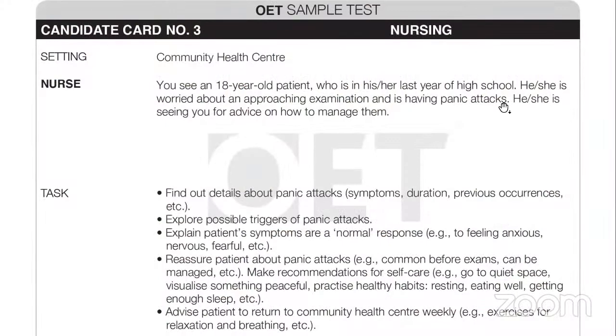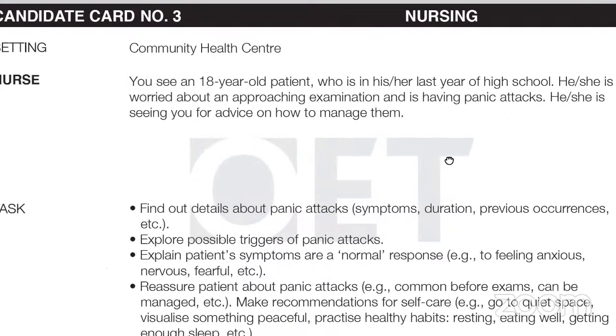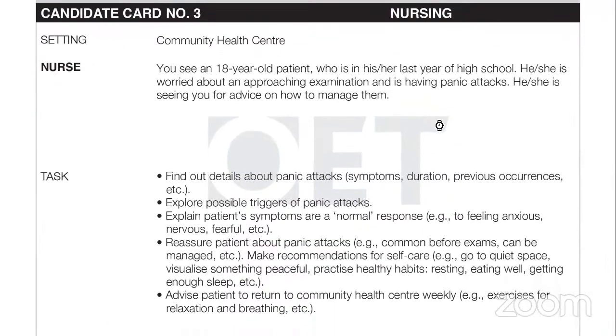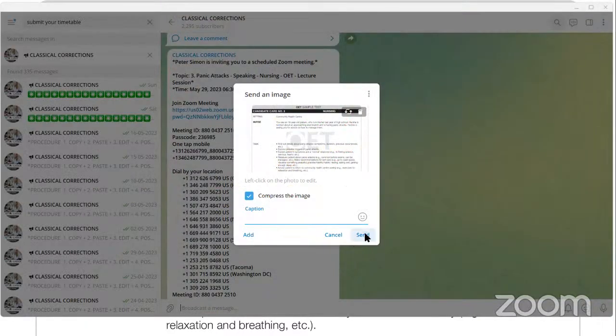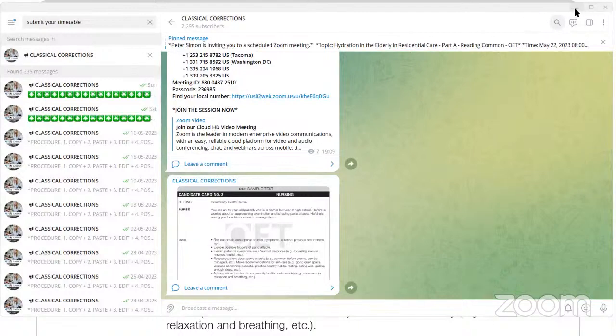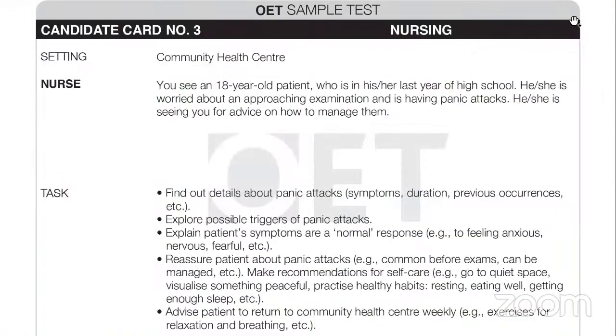So here is the card. Go through this card.